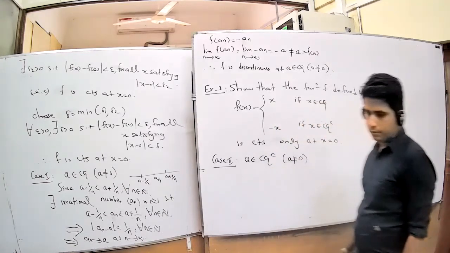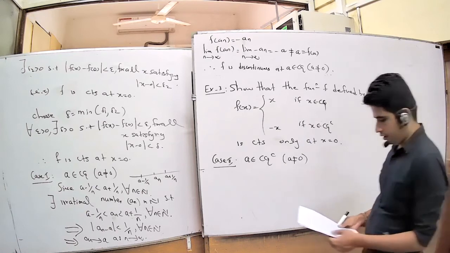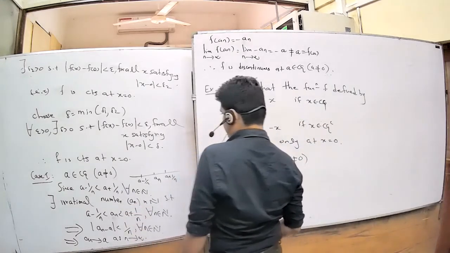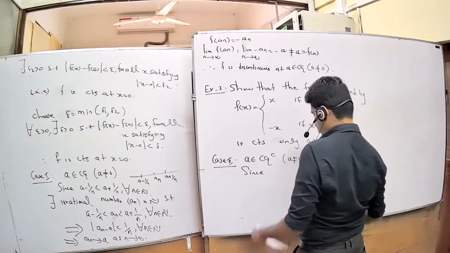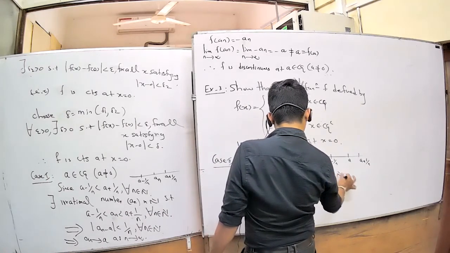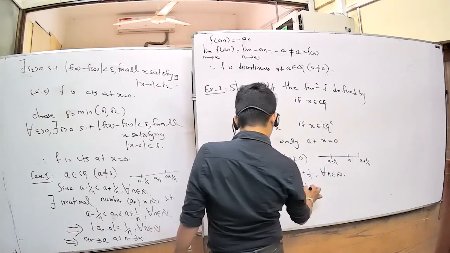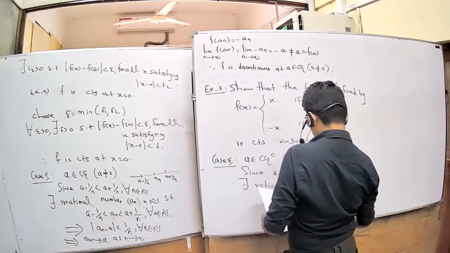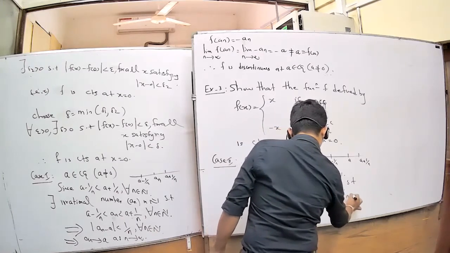Then the same idea: obviously here a minus 1 over n and a plus 1 over n exist for all n belonging to natural numbers. Therefore, between them there is a rational number a n such that a minus 1 over n is less than a n, which is less than a plus 1 over n, for all n belonging to natural numbers.